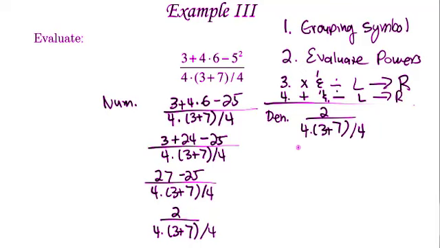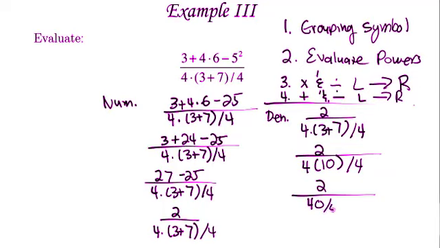Okay, I need to remove the parentheses first. 2 divided by 4, and that becomes 3 plus 7 becomes 10. Going on, I have some multiplication and division. So it's 40 divided by 4, or 2 divided by 10.